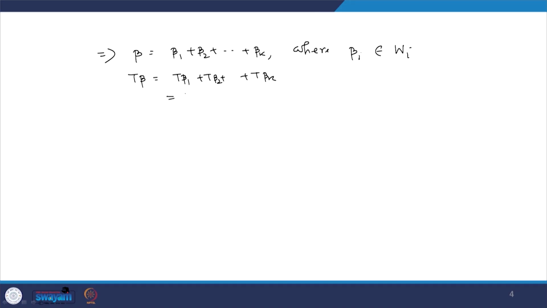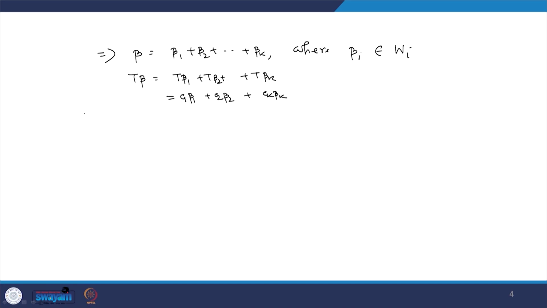So, this implies beta can be written as beta 1 plus beta 2 plus beta k, where beta i belongs to eigenspace Wi, and T beta will be T beta 1 plus T beta 2 plus T beta k, which is equal to C1 beta 1 plus C2 beta 2 plus Ck beta k.